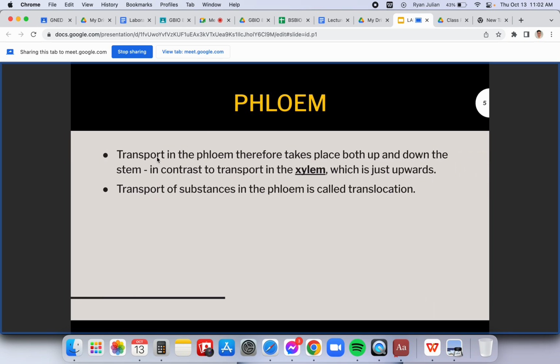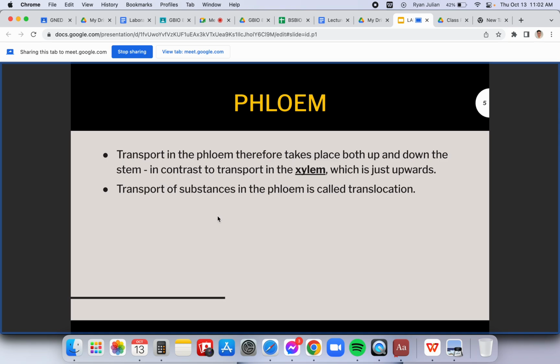Okay. Transport in the phloem therefore takes place both up and down the stem, which is very contrary to transport in the xylem, which is just upwards. Take note of this. Transport in phloem is very versatile because it happens up and down, unlike the xylem, which is only upwards.